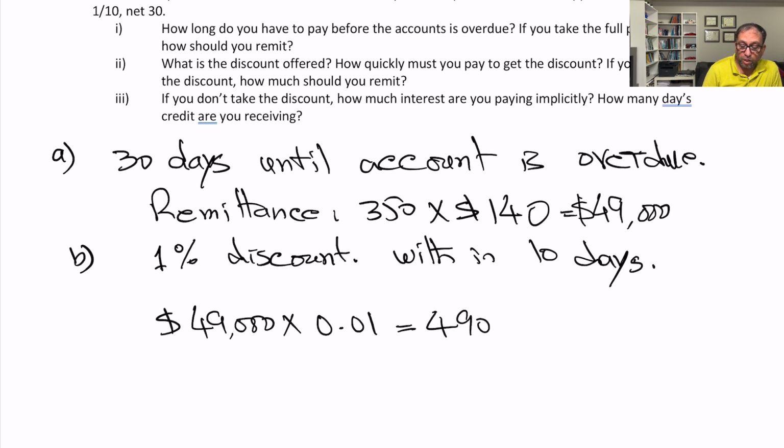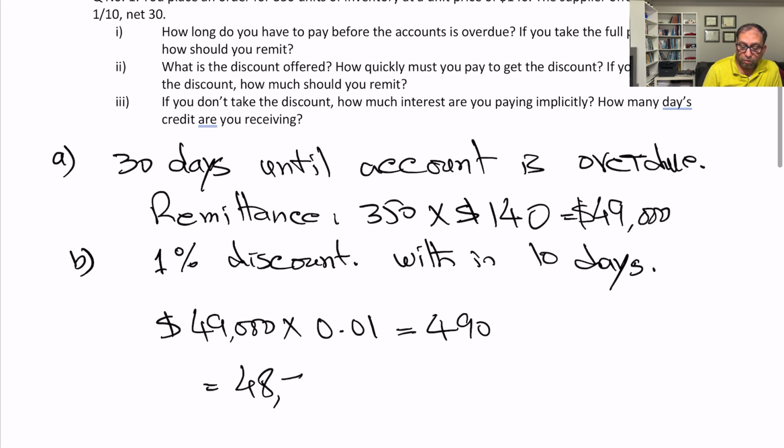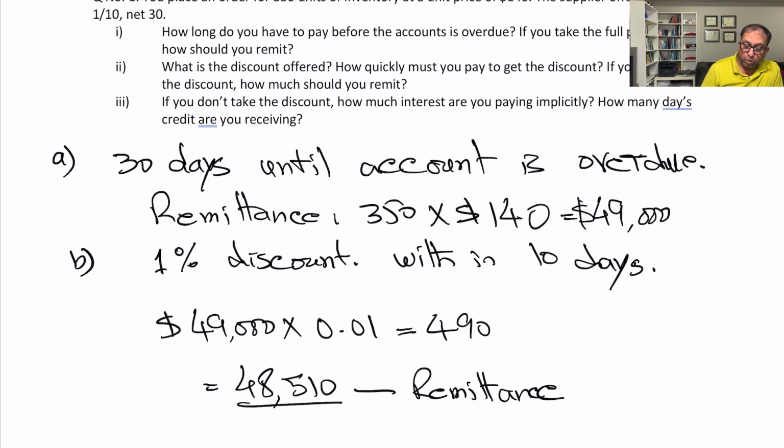And if we subtract it, we get $48,510. That is what we have to remit.